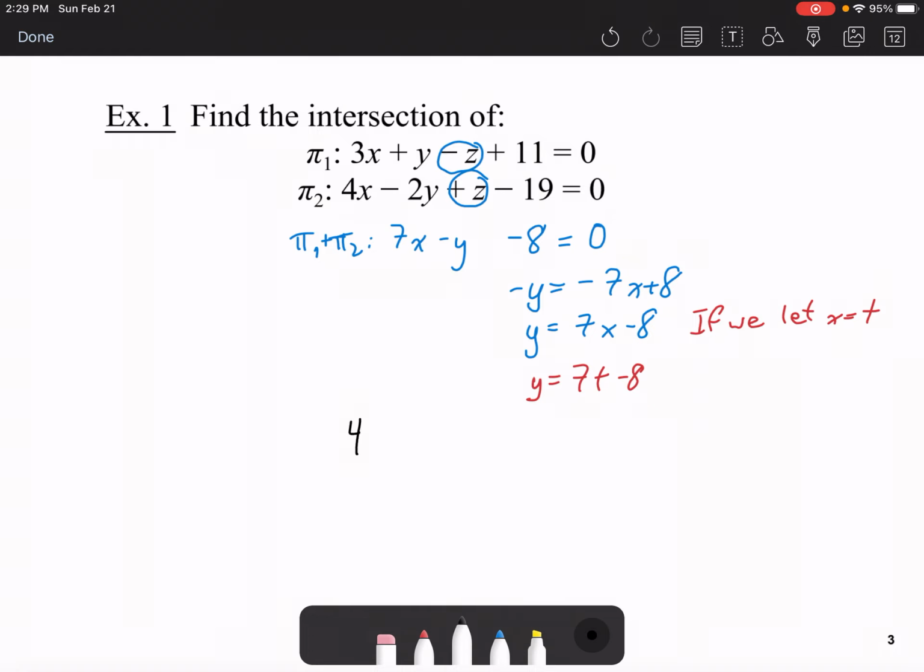So substitute it into pi 2, we get 4t minus 2 times y, which is now given by 7t minus 8, plus z minus 19 equals 0. I'm going to first simplify.